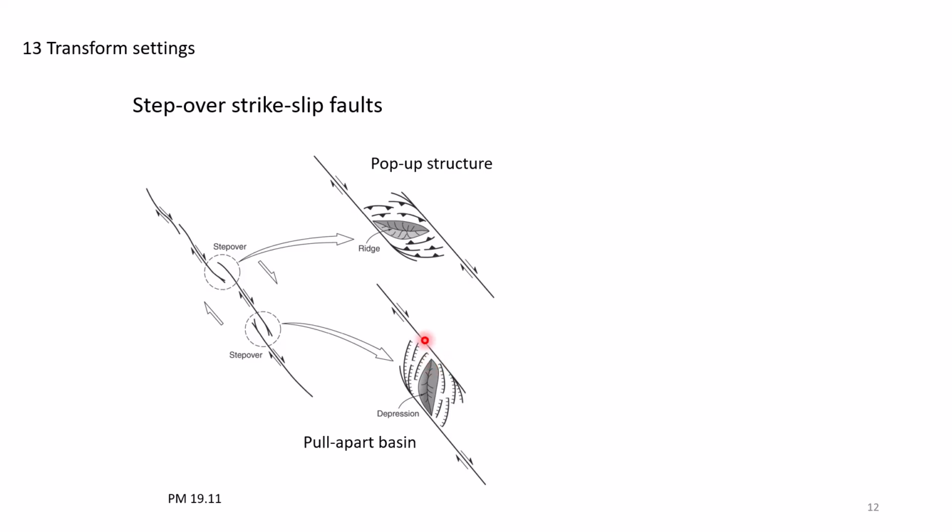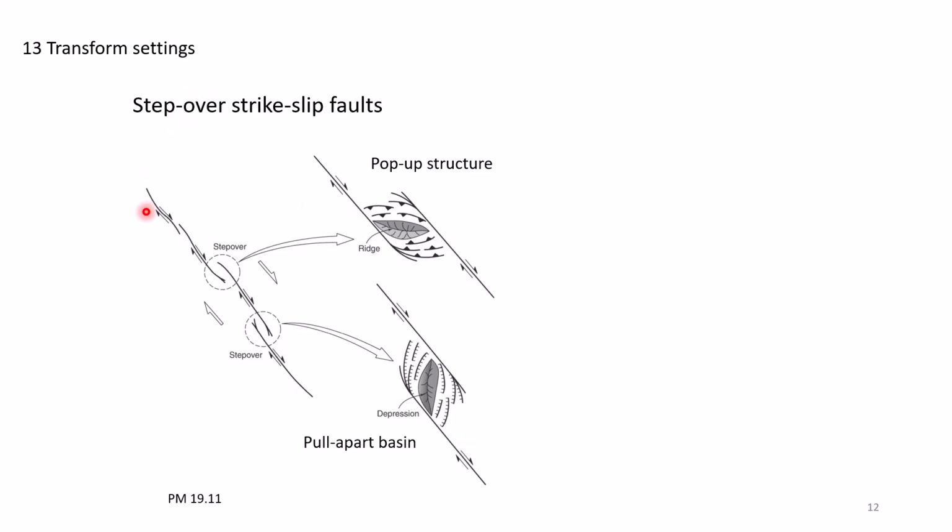Together with that, we can expect to find normal faults or oblique-slip normal faults with some strike-slip component, and the creation of a basin at the surface. This might then be a sink for sediments to be deposited synkinematically.